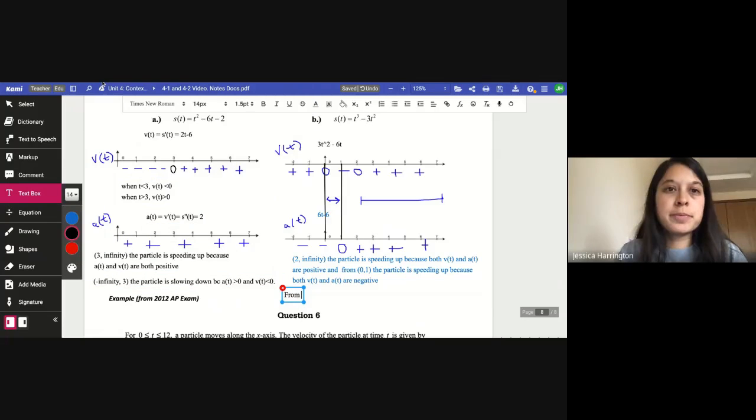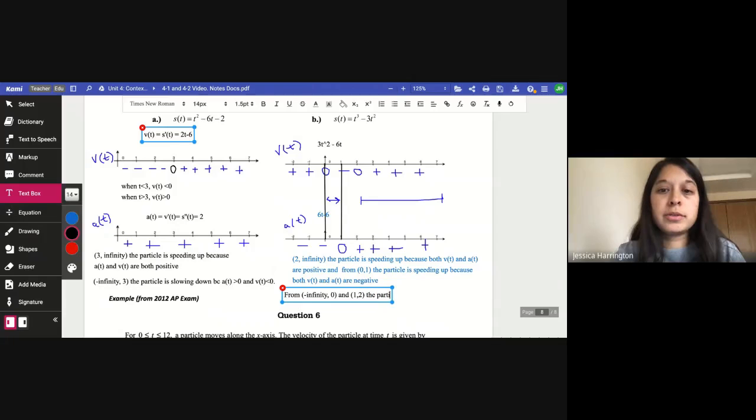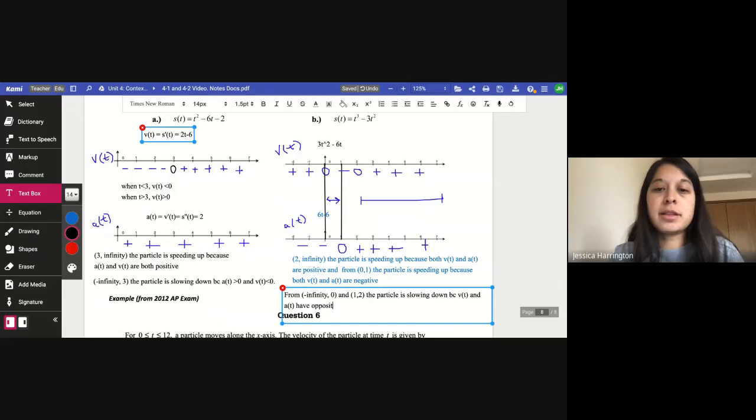From negative infinity to 0 and from 1 to 2, the particle is slowing down because I'm just going to generically say v of t and a of t have opposite signs.